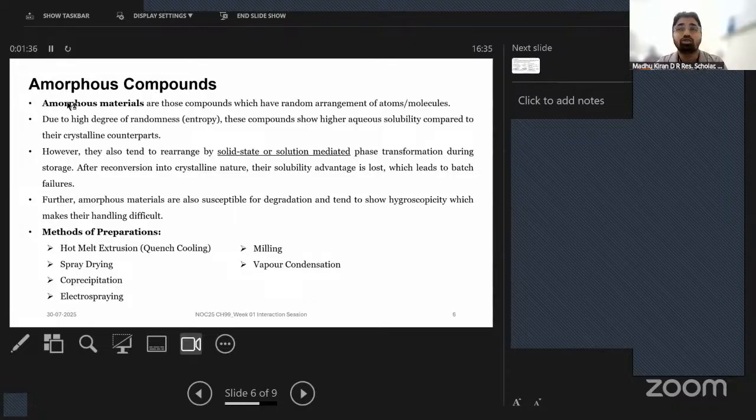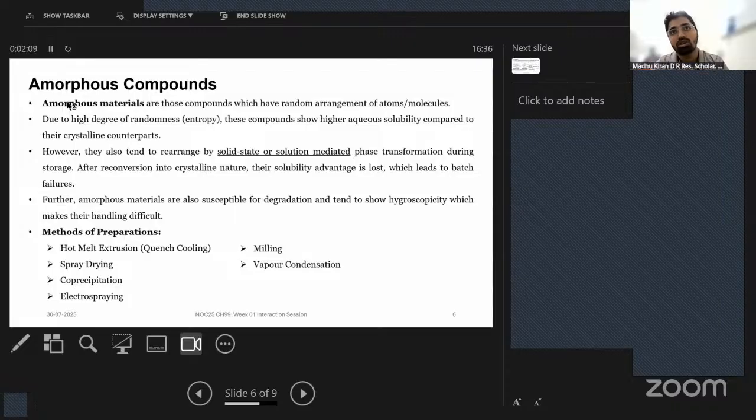There has to be a lot of care taken while storing these kinds of materials to avoid recrystallization. We need to reduce the temperature, maybe, to reduce the rate of recrystallization, or we need to use some polymeric additives, or specialized storage containers which do not permit moisture entry, because moisture can enhance the crystallization rate. So these are a few disadvantages of amorphous materials.